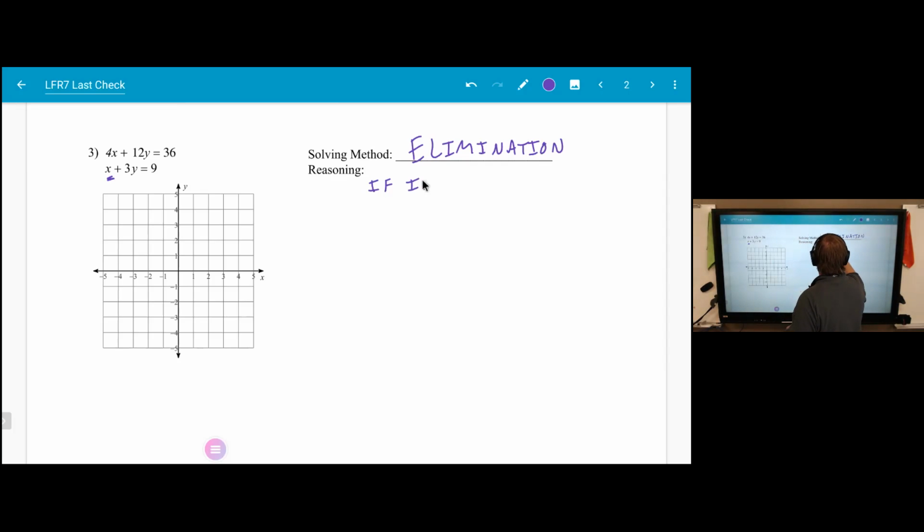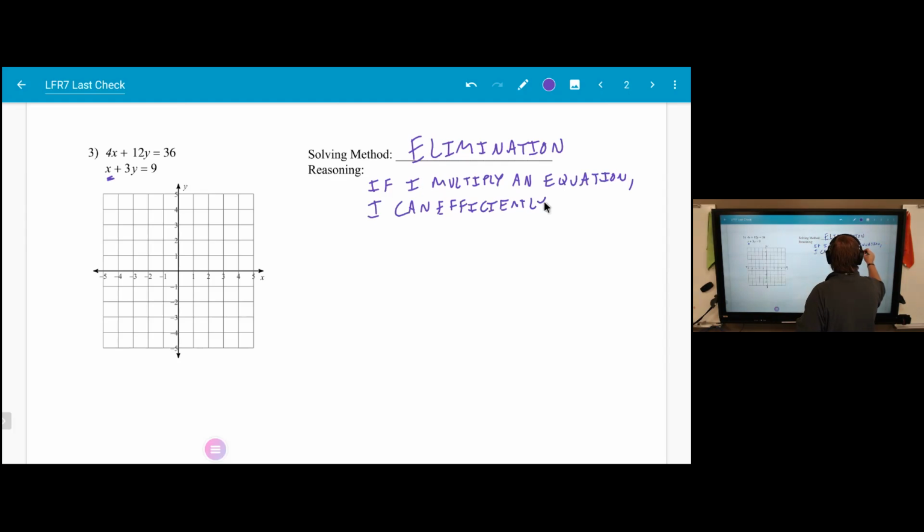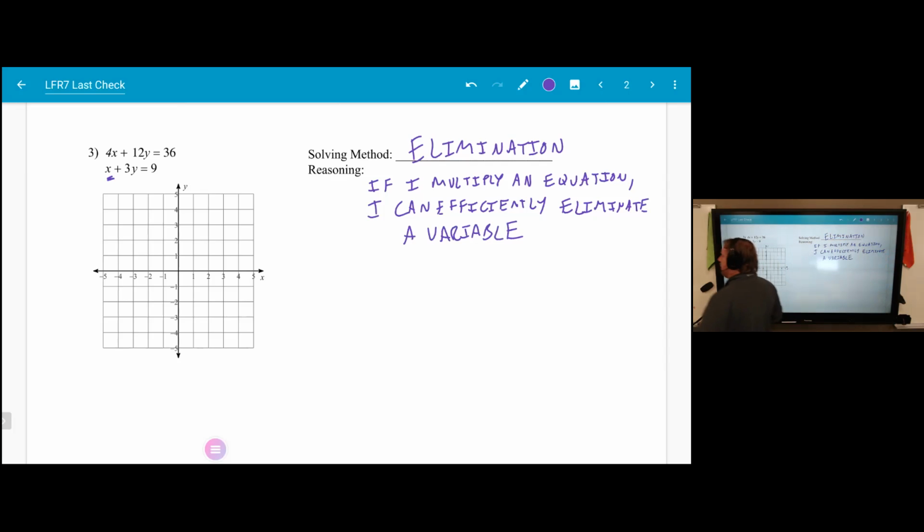If I multiply an equation, I can efficiently eliminate a variable.